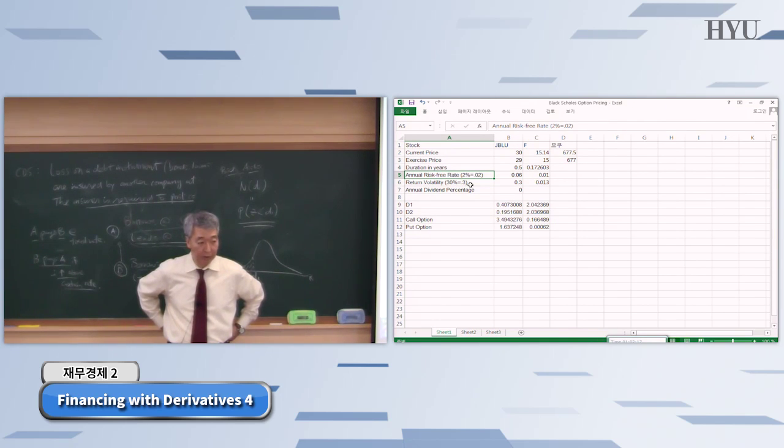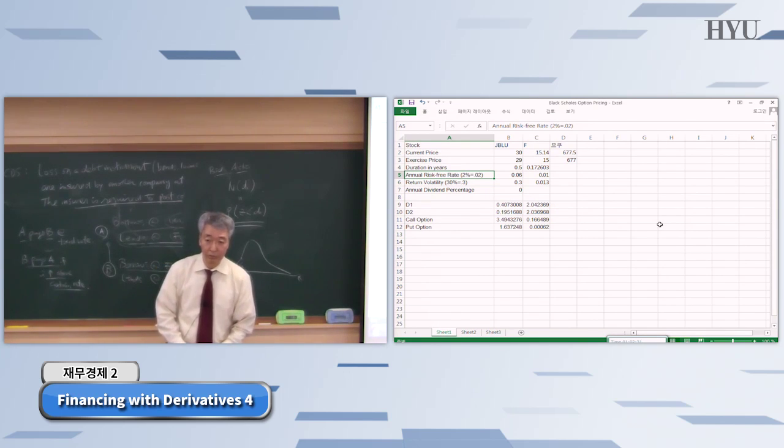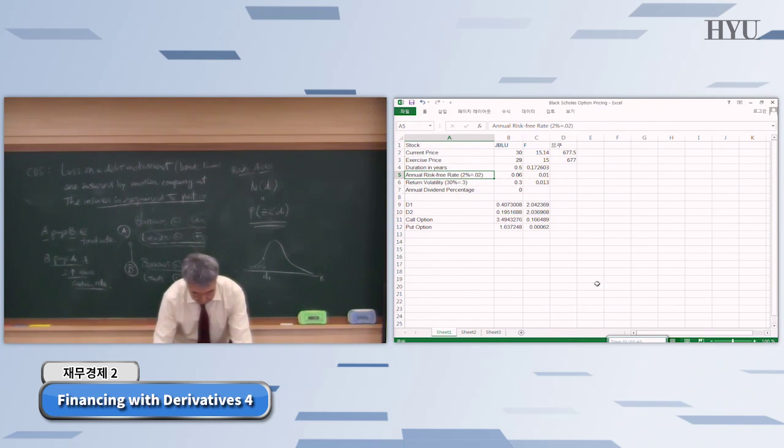Or if you want, you can actually calculate it. You've done that, was it last semester? You can go to maybe Yahoo Finance and download the last 3 or 4 years of stock prices, and calculate the return.